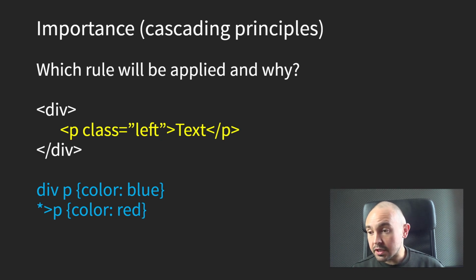So the first rule is div p, so a p tag inside a div tag. And the second rule is asterisk greater than p, which is a p tag which is a child of any element. Now take a moment to think about it and try to answer this question. You may pause the video, and I'll be back in a moment with my answer.